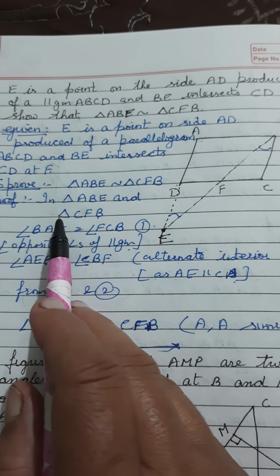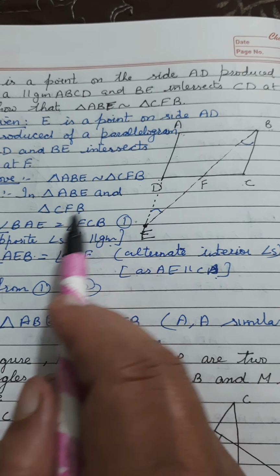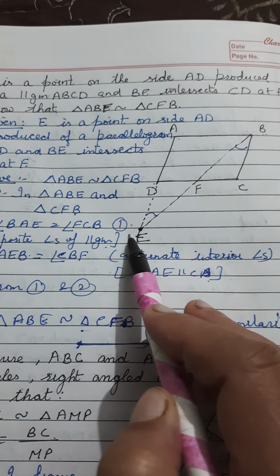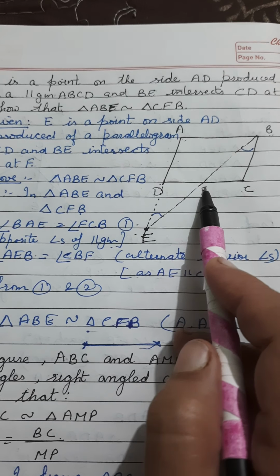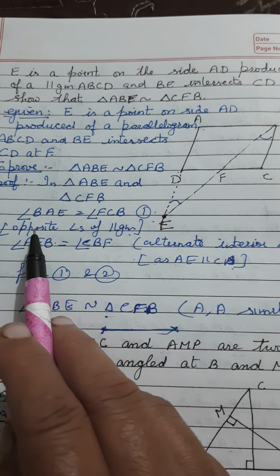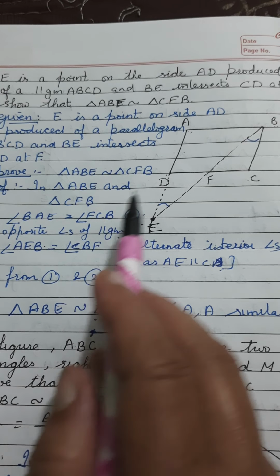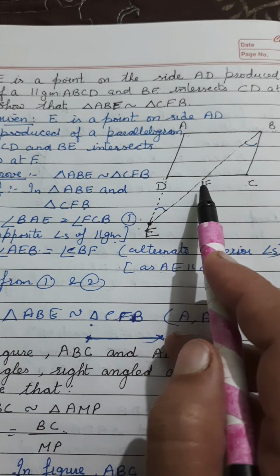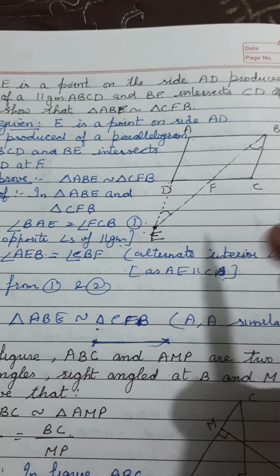Now the proof. We start the proof in triangle ABE and triangle CFB. Angle BAE is equal to angle FCB. Why are these angles equal?